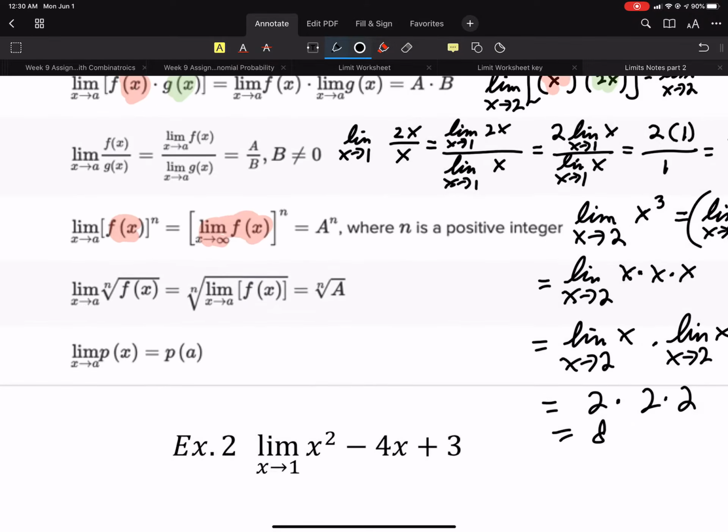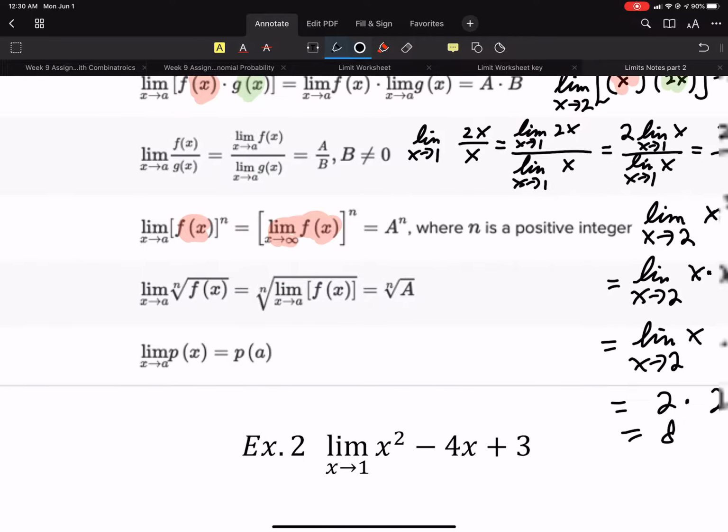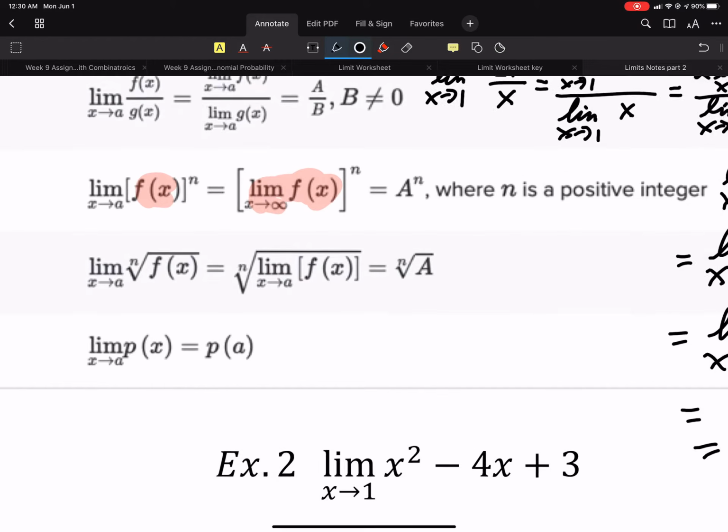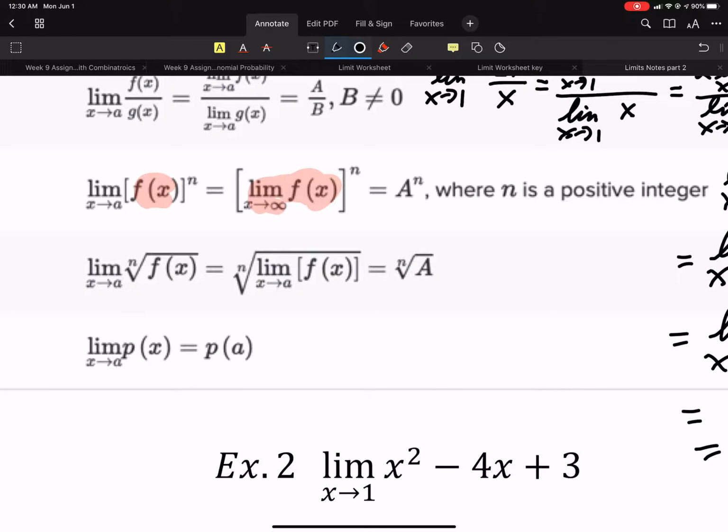The next one's very similar. So instead of an exponent of a positive integer, we can rewrite this. Let me just show you something. This limit here is the same as the limit as x approaches a of f of x to the 1 over n power.